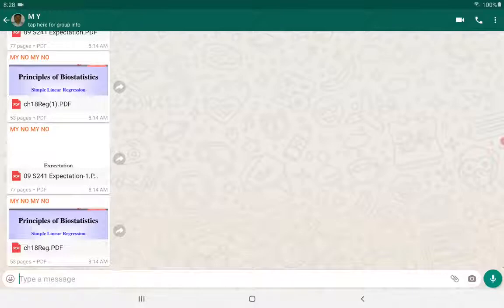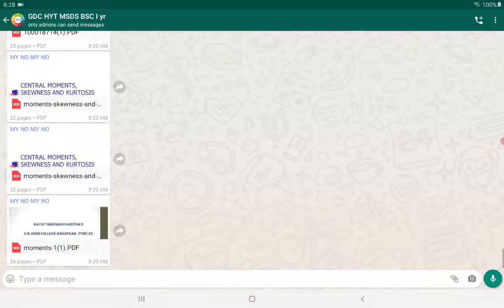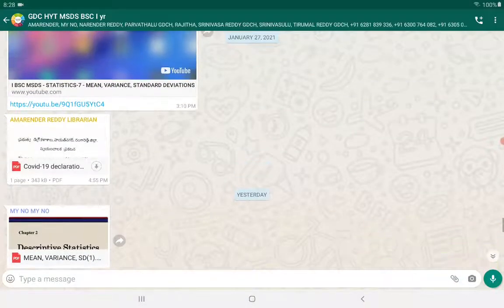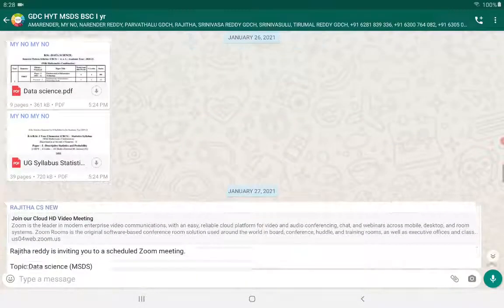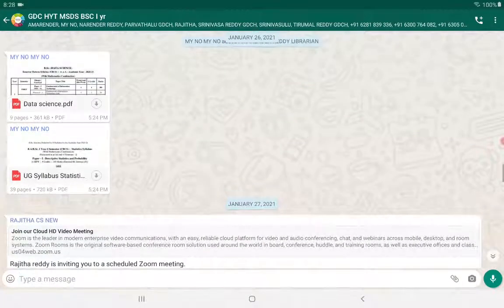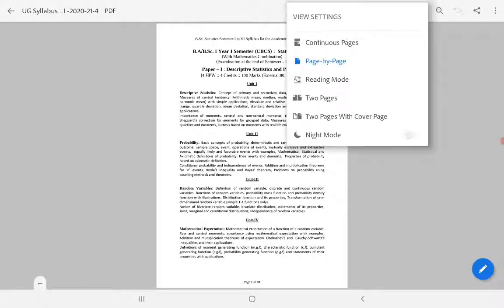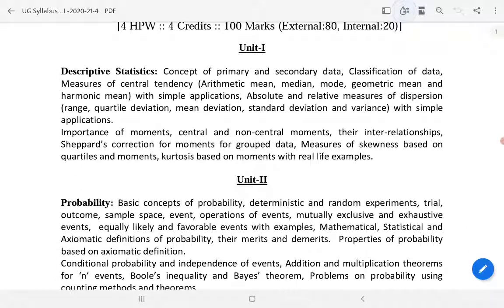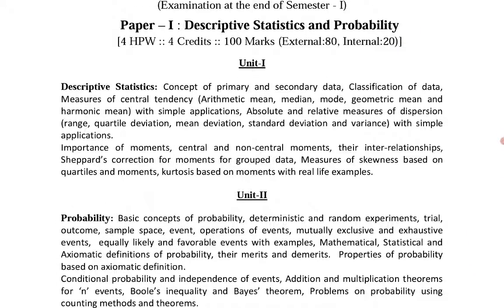So, in the previous classes, we covered various topics. Right now we are in Unit 1, that is introduction to descriptive statistics.